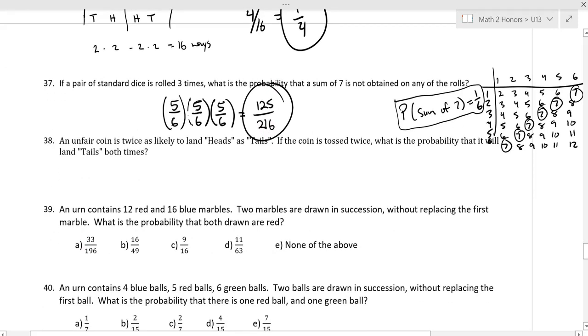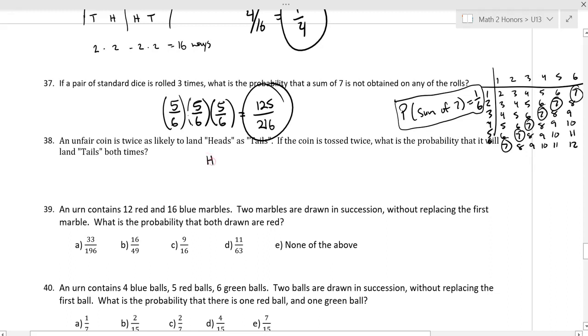All right, 38. An unfair coin is twice as likely to land heads as tails. If the coin is tossed twice, what's the probability that it will land tails both times? So it's twice as likely to land heads than tails.